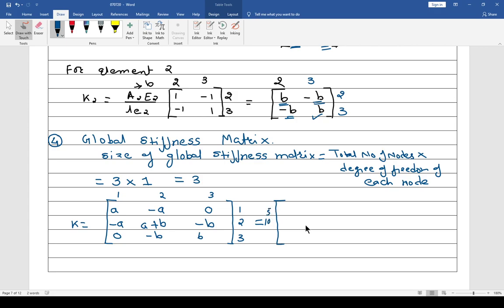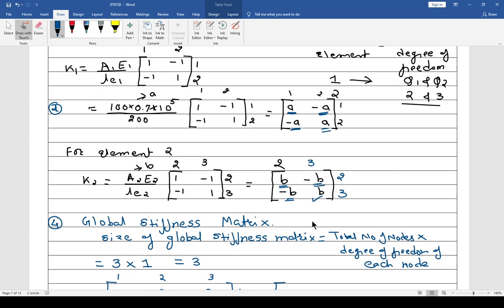Then let's have the value of A. Just let me know the value of A, please. Somebody else can calculate. So this gets cancelled, that becomes 1, so it comes 0.35 into 10 to the power 5.